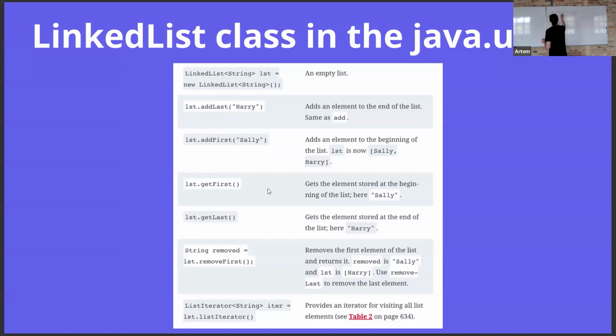So in this example, head contains a reference to Sally, and tail contains a reference to Harry. So when we want to get first, we just get our head and get the element of Sally. Then we get last. In this situation, we get tail, and we get the element of Harry.